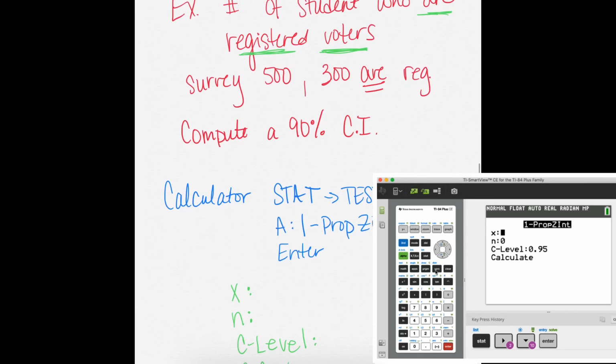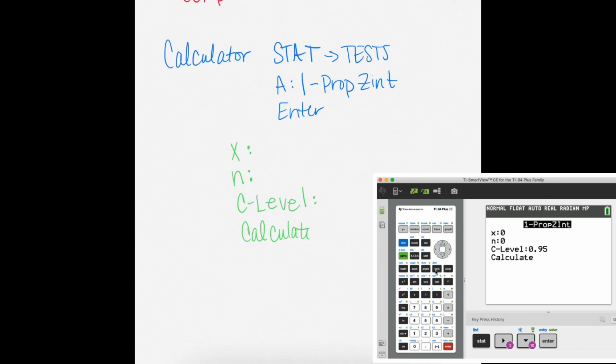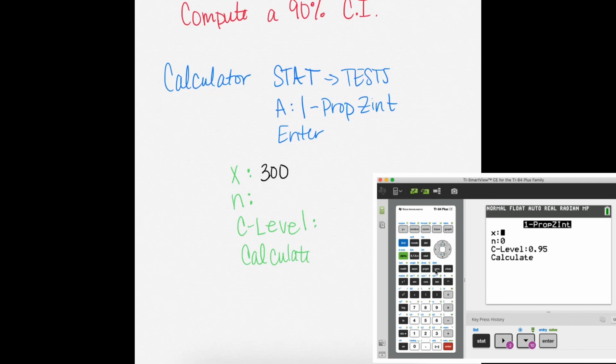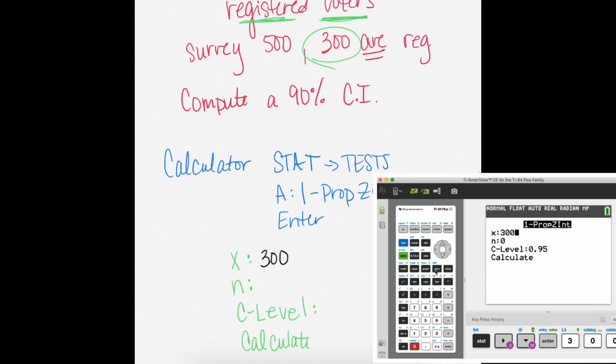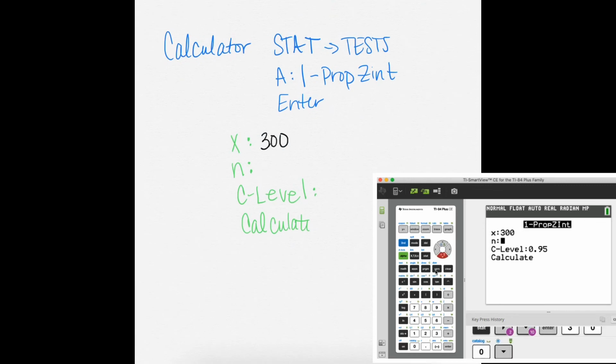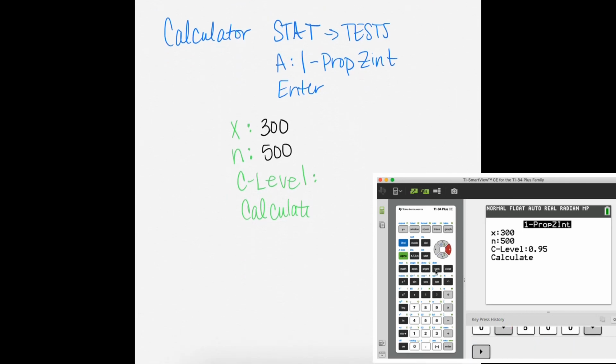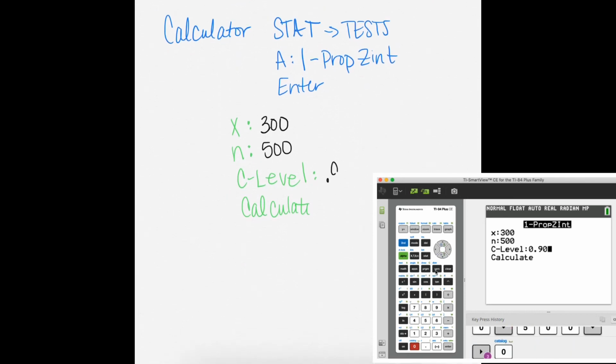So how many are registered? 300. So that's going to be our x. And our n, remember n is always the sample size. How many did we survey? We surveyed 500. That's going to be our n. Our confidence level was given to us. We wanted a 90% confidence level, so we're going to put 0.9. And then we're going to hit calculate.